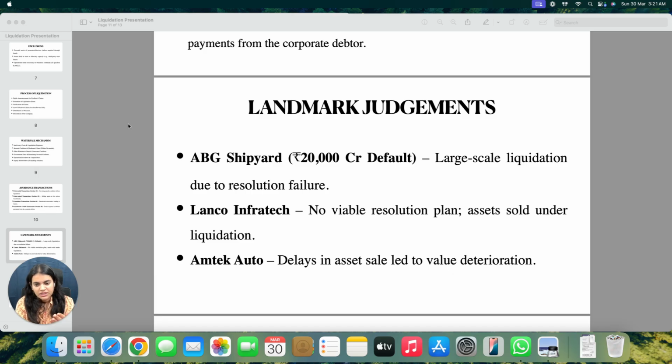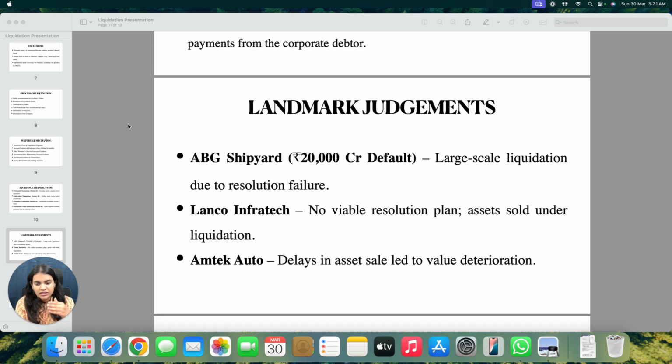The same in the case of Lanco Infratech. They did not receive any viable resolution plans, and the COC did not approve any resolution plan, so the assets had to be sold under liquidation.